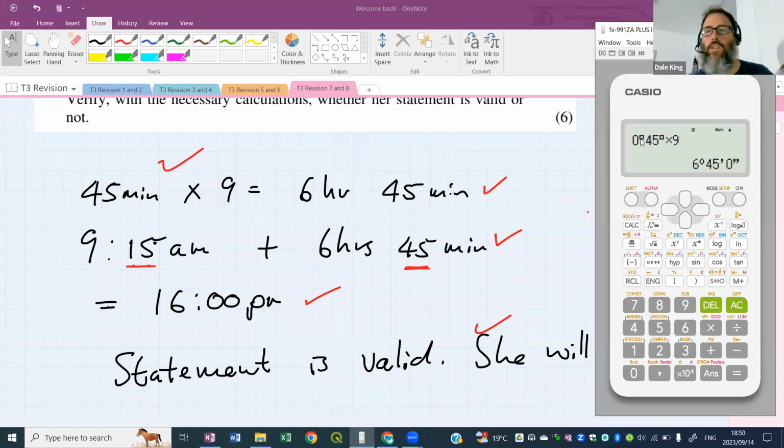There we go. So you've got to put in 0 hours first and then 45 minutes second. If you times by 9, that'll give you 6 hours and 45 minutes. And then we add this to 9 hours, 45 minutes. Ooh, 44.